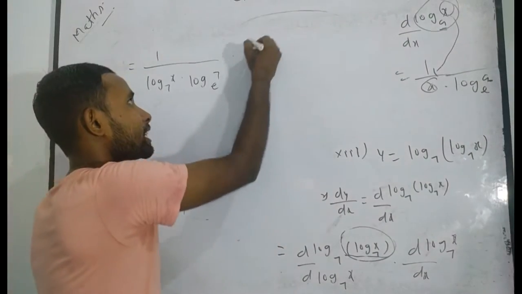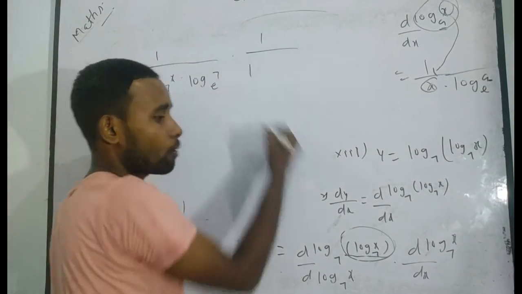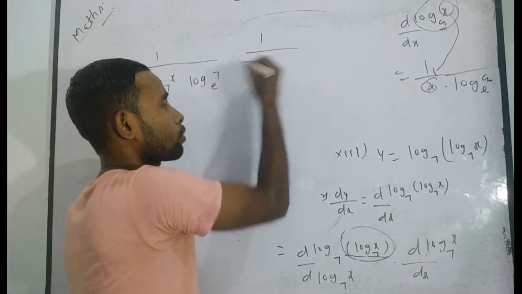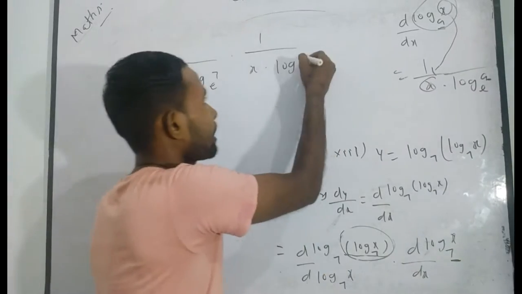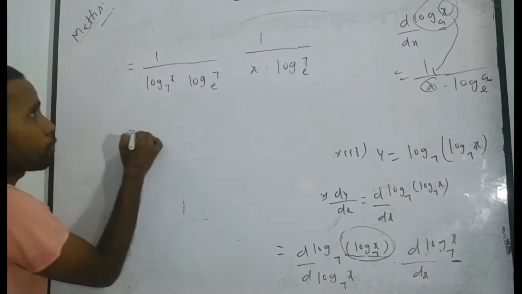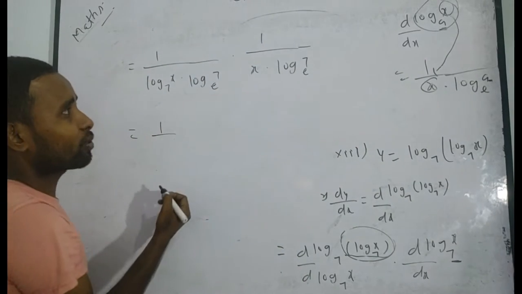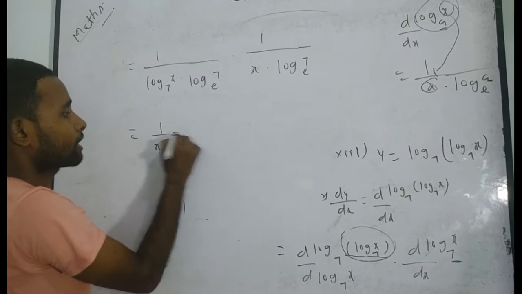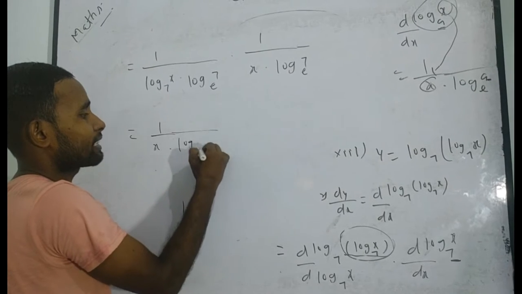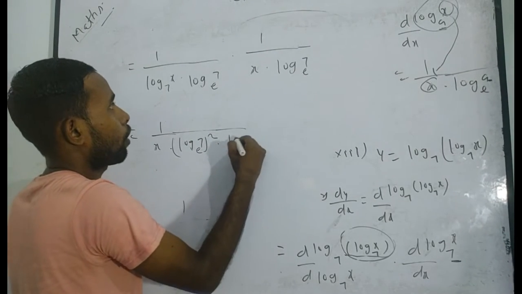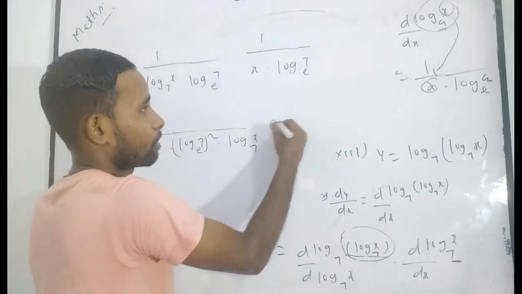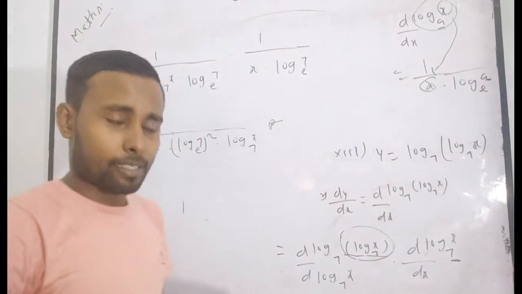In that case, again it will be 1 upon x into log a, where a is 7. If you want to write it in standard form, it becomes 1 upon x into log 7 to the base e whole square into log x to the base e, which is your correct answer.